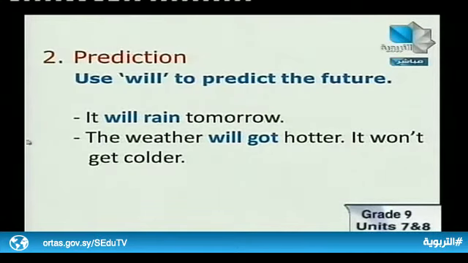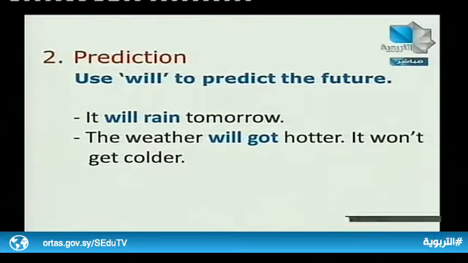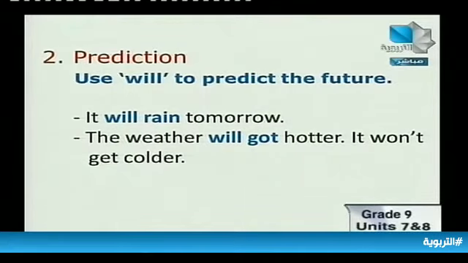And for example, if I feel a little bit hot today, I can say the weather will get hotter. It won't get colder, but it's just a guess. You are just predicting. It might not be the truth. So this is how we use will for the future: for no plan, and for prediction.